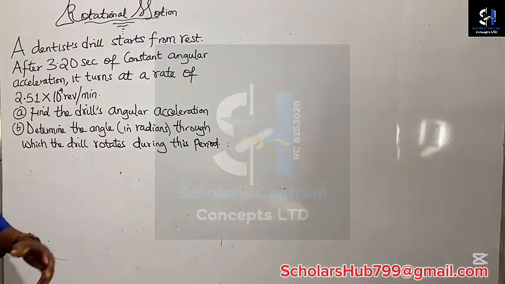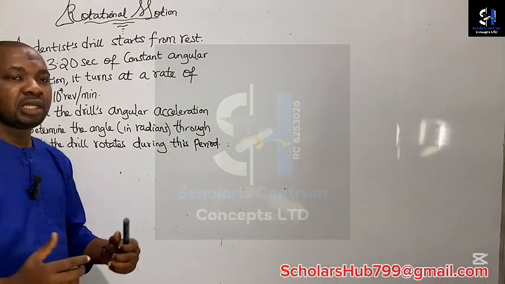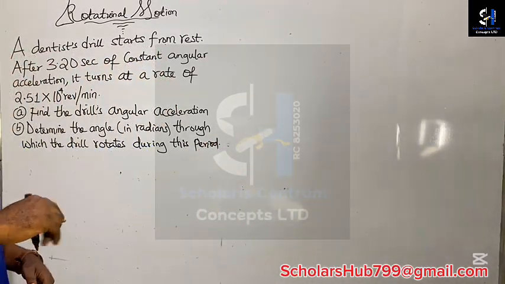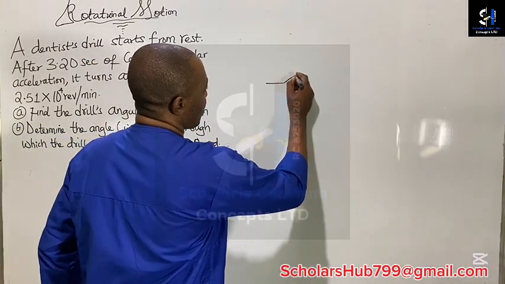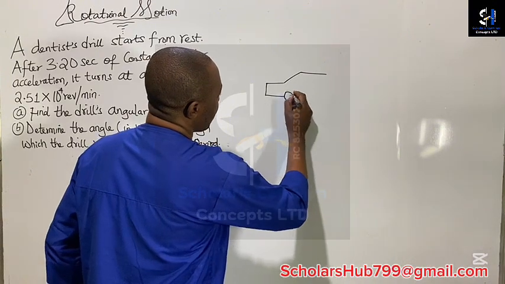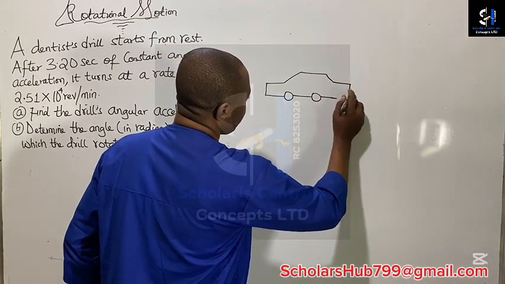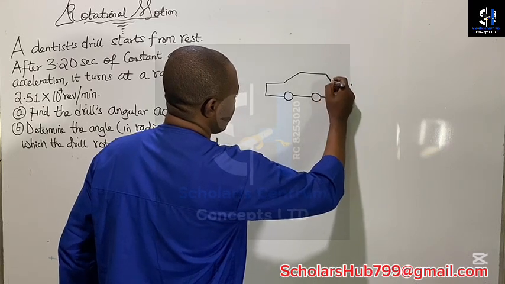Take the case of a car moving around a circular racetrack.